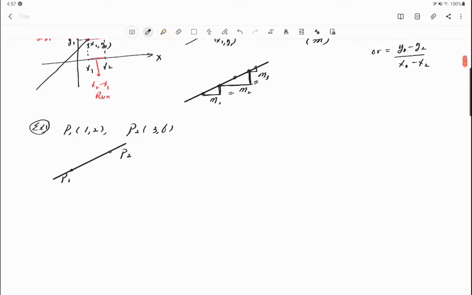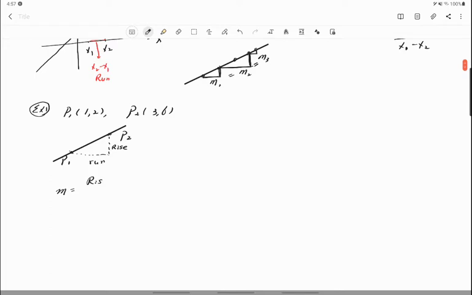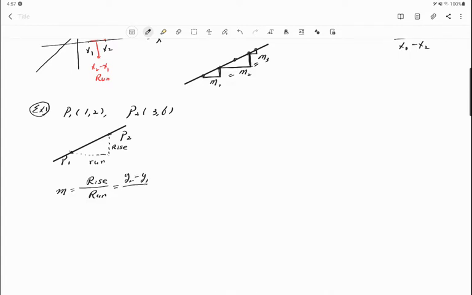What is the slope? Slope is rise over run. This is the run, this is the rise. So the slope m equals rise over run, which is y2 minus y1 over x2 minus x1.